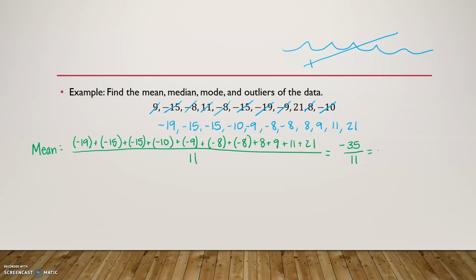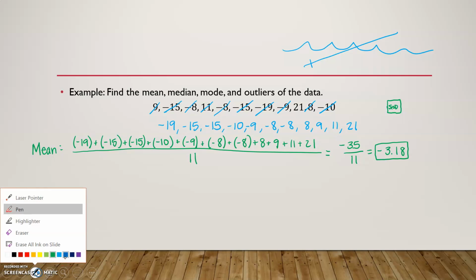Your calculator should give you negative 3.18. I'm just going to do rounded to 2 decimals, and I'm going to say that that is my mean. If you put your answer in and it gave you just negative 35 over 11, look for a little button on your calculator that says S and D with an arrow in the middle. It should be somewhere above the numbers. All right, so there's mean.